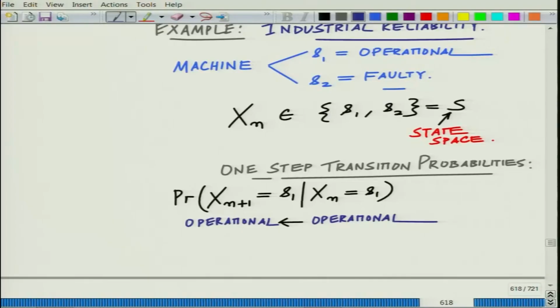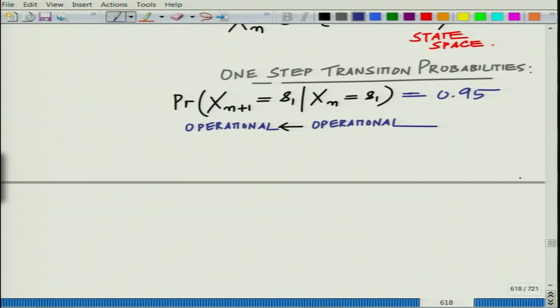Let us say each time instant n is an hour, first hour, second hour and so on, hourly. That is, the plant is running continuously, and we are monitoring the status of this machine. Okay. So, it goes from operational in 1 hour to operational in the next hour. Probability of that is 0.95, which shows that it is a fairly reliable machine, might not be extremely reliable, but fairly reliable.